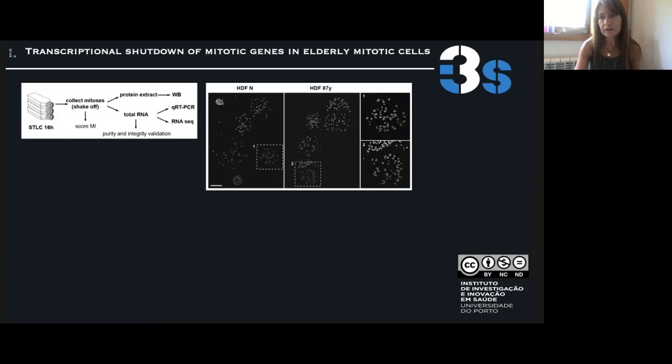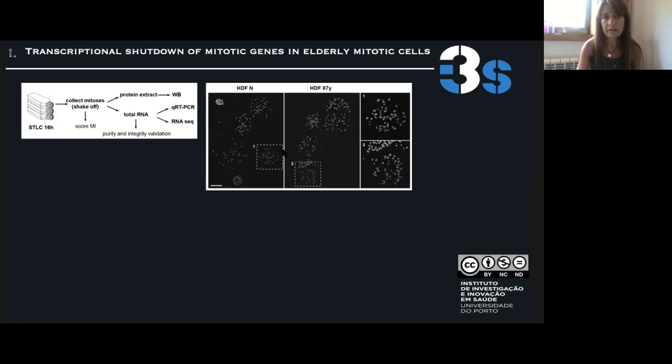Since cell synchronization was limited in elderly versus the neonatal cultures, we used, of course, a higher number of cell culture flasks with octogenarian fibroblasts to collect an equivalent number of mitotic cells in both elderly and neonatal cultures.